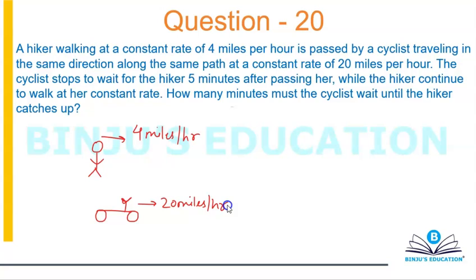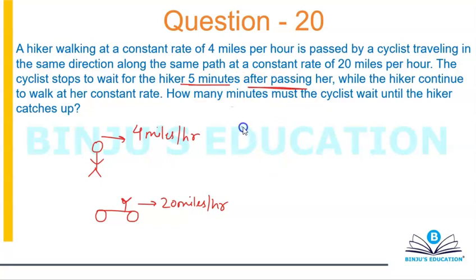The cyclist stops to wait for the hiker 5 minutes after passing her. While the hiker continues to walk at her constant rate, how many minutes must the cyclist wait until the hiker catches up?